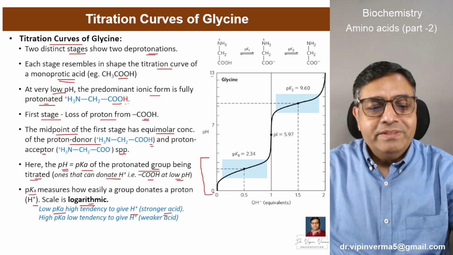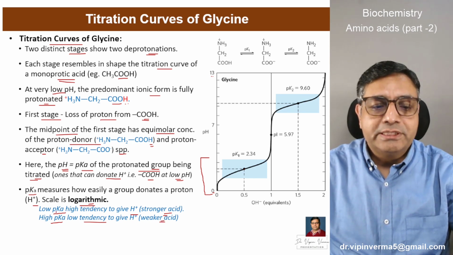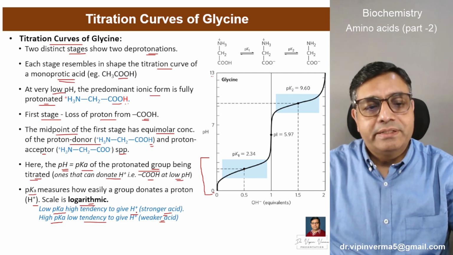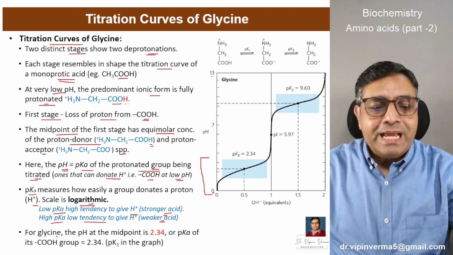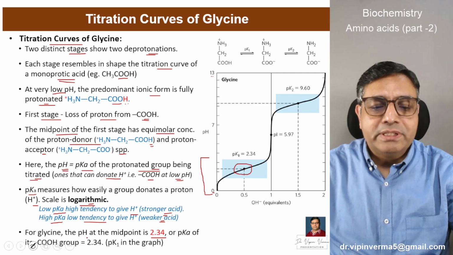But when we see a high pKa, it has a lower tendency to give protons, that means it is a weaker acid. And that's how the relationship of pKa comes in. Now, for glycine, the pH at this midpoint is 2.34, which is the pKa of the carboxylic group.